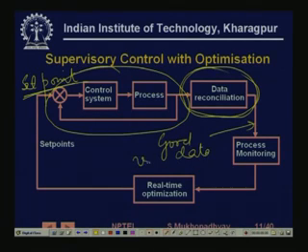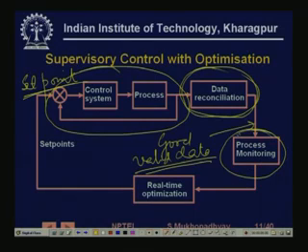Now, based on that you may like to compute various kinds of performance indicators of the process. What is the production volume, what is the deviation from quality, what is the magnitude of the control input, that is, what input energy has been consumed, what is the agility of the plant, what is the dynamics if there is a set point change, what is the process variability.